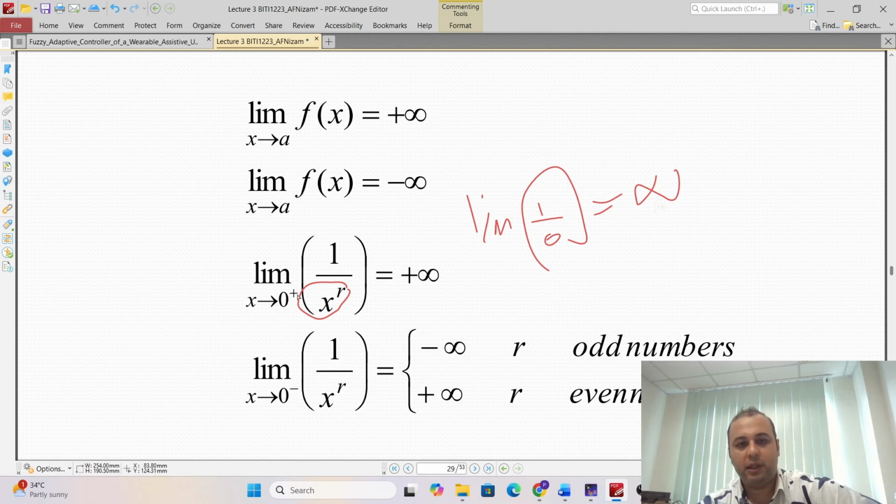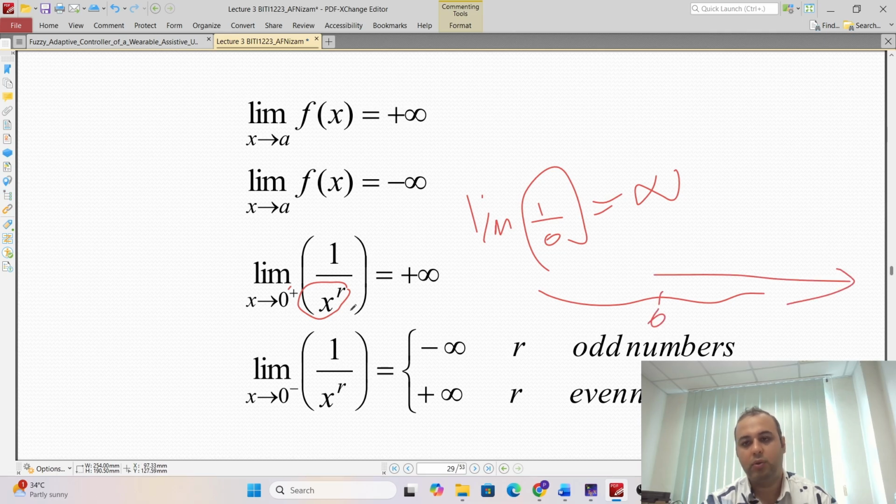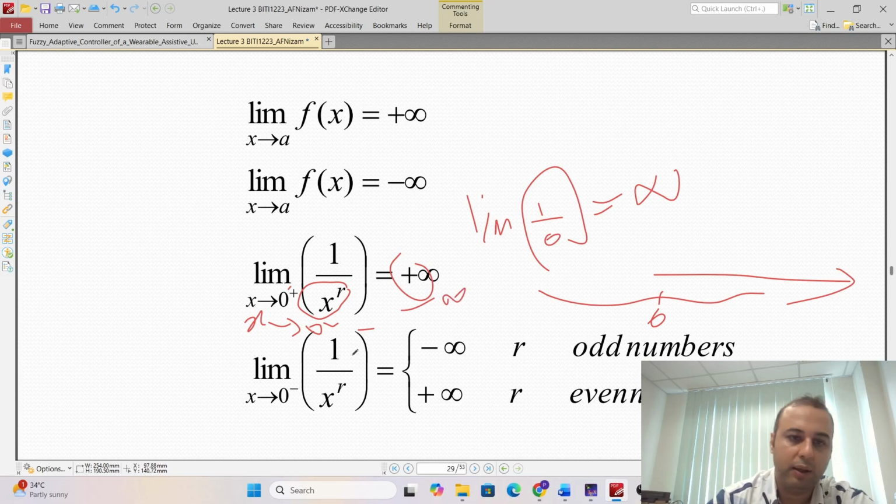So if it is plus, meaning you are approaching 0 from the right side, it is positive infinity. If it is negative, x approaches from the negative side, so it will be minus infinity. Okay, left side and right side.